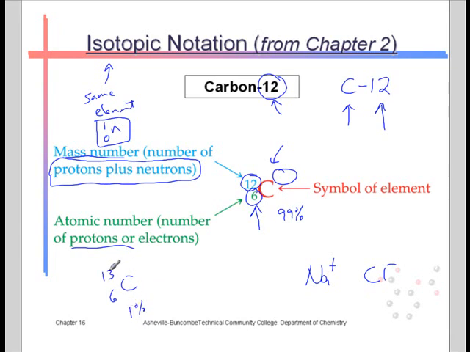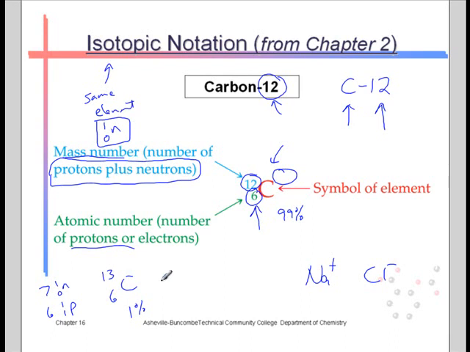What does that mean? That means that carbon-13 has 7 neutrons and 6 protons, and there's the proper notation for protons, which is something else we're going to learn. We're going to learn some new notation for this particular subject. Last time I checked, 7 plus 6 equals 13, so there's my mass number.